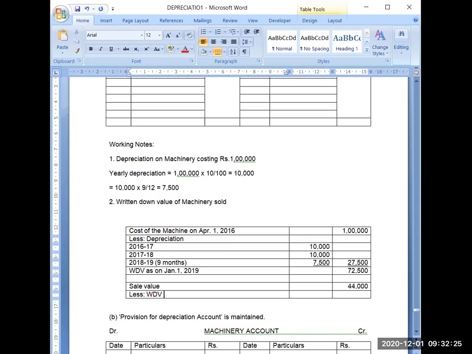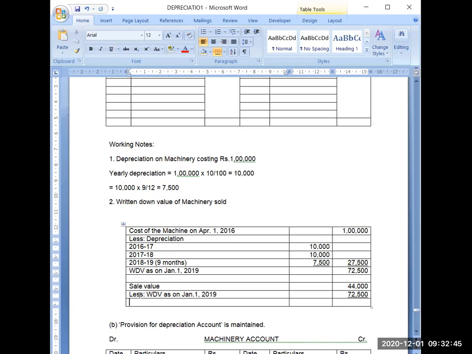WDV as on January 1, 2019, and it will be 72,500. So finally we can see that the written down value is more than the sale value. So we will have a loss on sale of machinery.